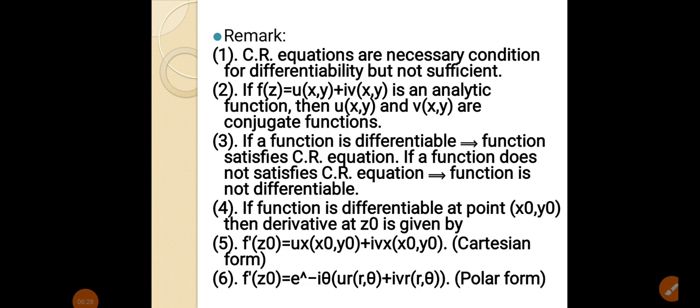Next, remarks for the CR equations. First remark: CR equations are necessary conditions for differentiability but not sufficient.